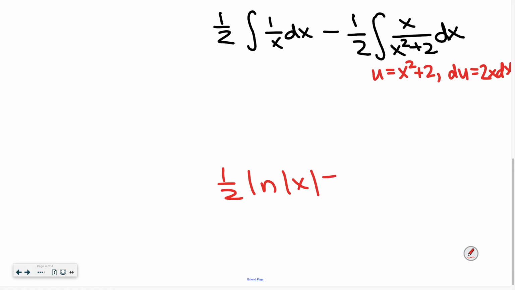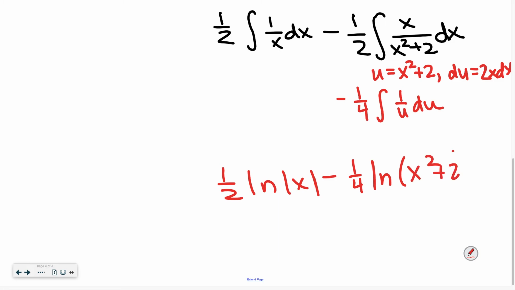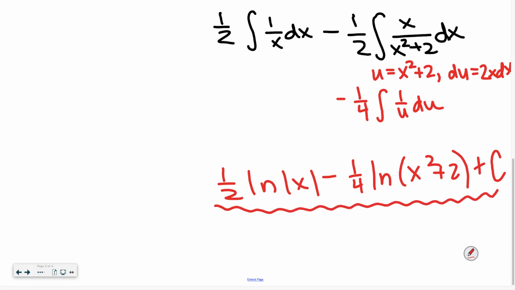So we're going to have to make this 1/4 the integral of 1 over u du, because the 1/2's already there, and then we need a 1/2 to balance it out. So we have negative 1/4 the natural log of x squared plus 2. Here is where I would not take off points if you didn't get the absolute value signs, because it doesn't need it. There's your answer.